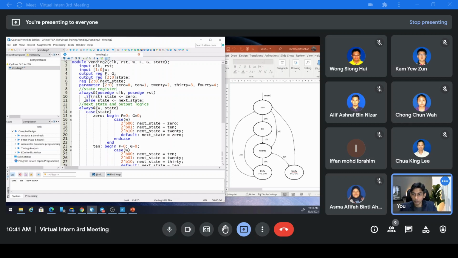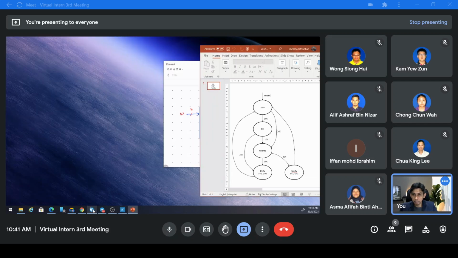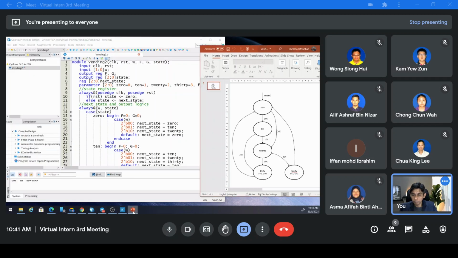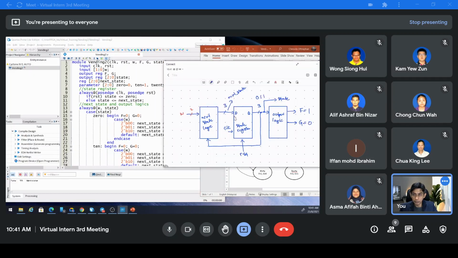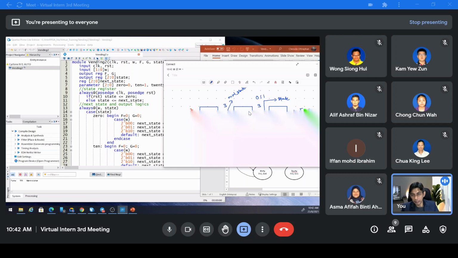All right, and now we want to describe the state register. To model the flip-flops or register in Verilog is actually pretty straightforward, pretty easy.